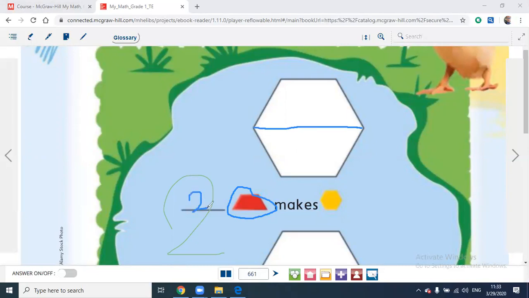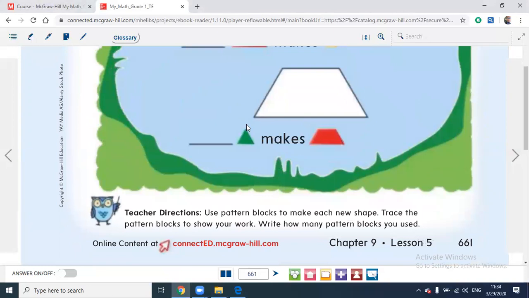Don't write, please. Okay, excellent. And then, next one. This is a trapezoid, right?